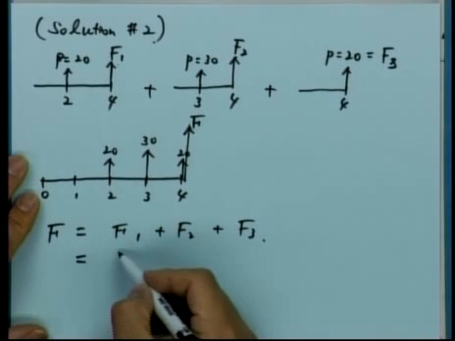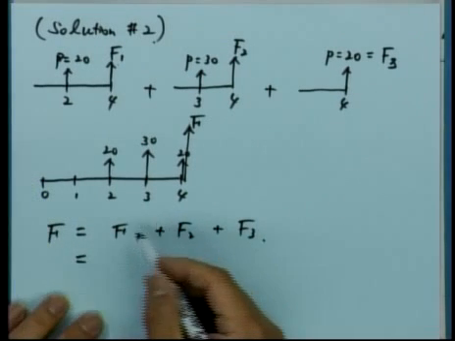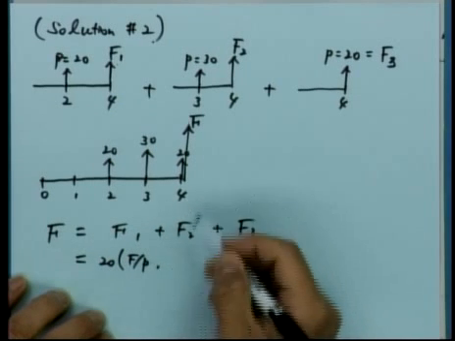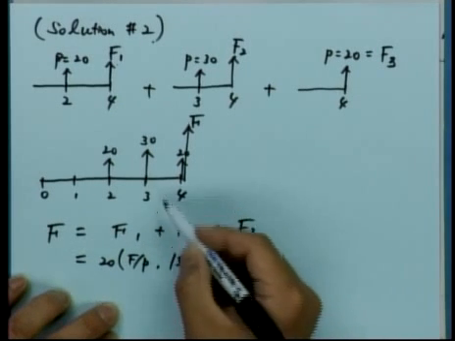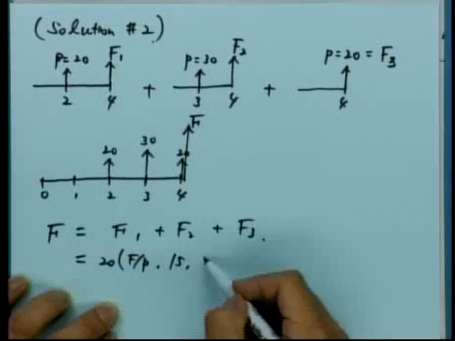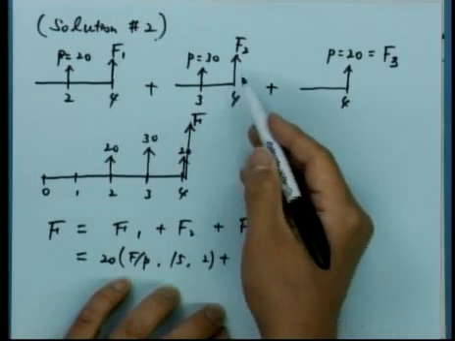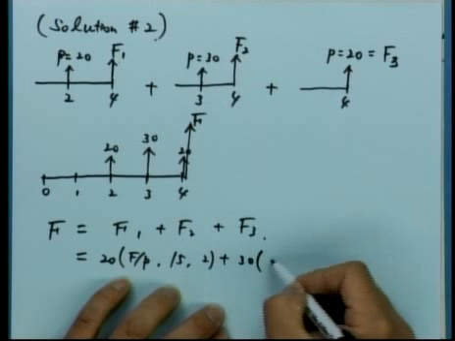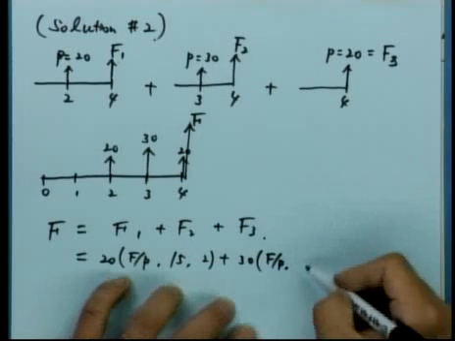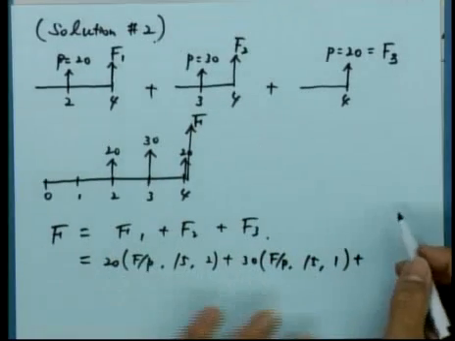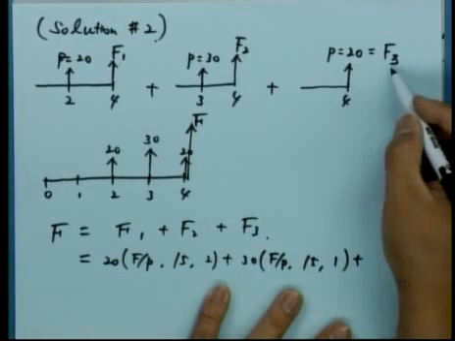So how would you get F1? F1 is 20 times F given P, 15% over 2 years. And then F sub 2 is 30 times F given P, 15% over 1 year. And then what about F3?